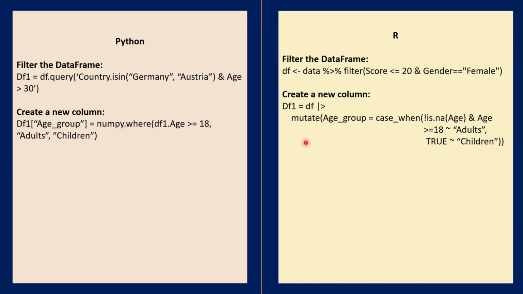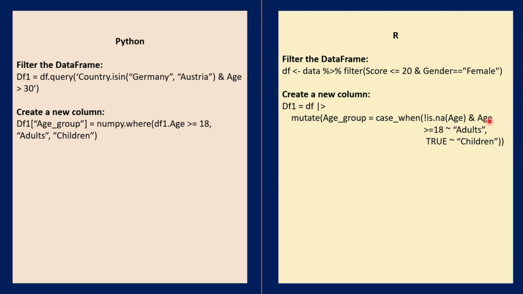And how we can create the same thing in R. So we call the mutate function here from the data frame, and we create an age_group, and you're using a case_when statement here. Here we are checking if the age is missing anywhere. We don't want to include any missing values.